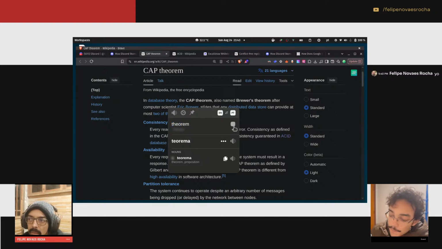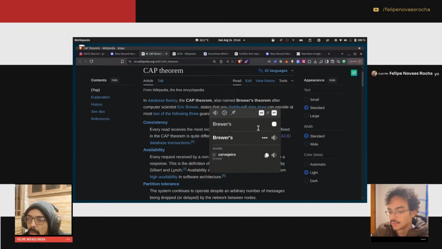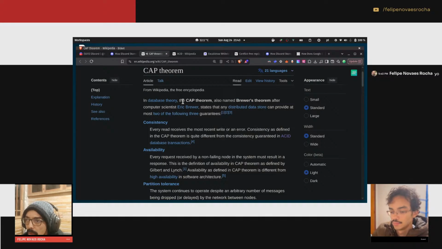Theorem. So the CAP theorem, also named Brewer's theorem. It's the last surname, right?